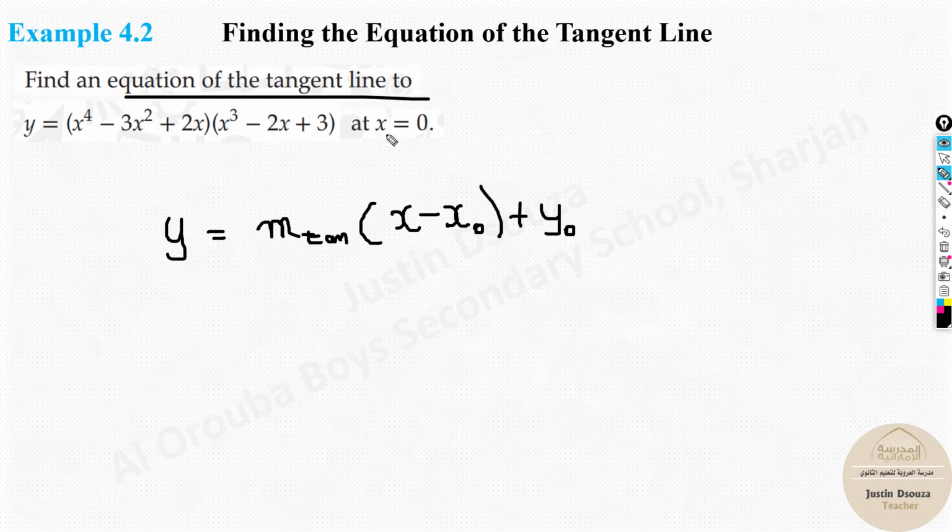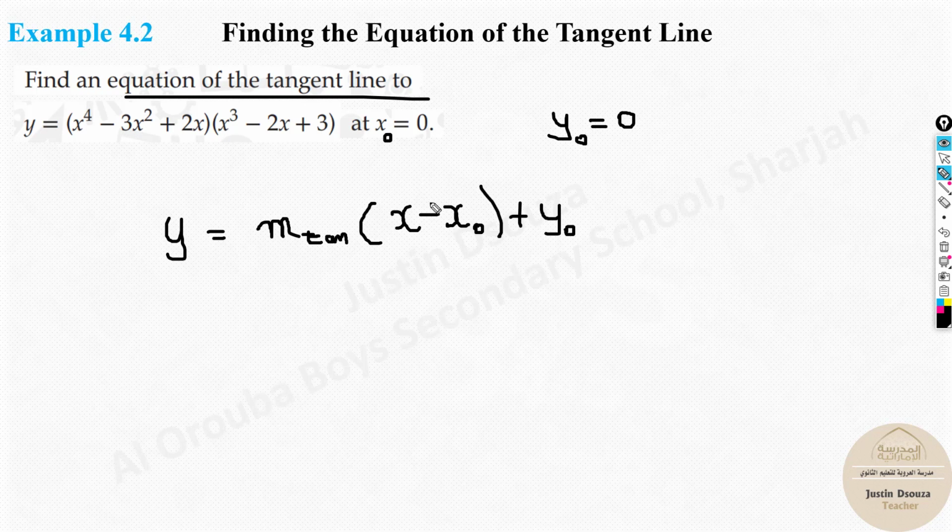Whatever is given to us is considered as x naught, and what is y naught? To find y naught, all you need to do is put this x naught value in this equation. This is 0, right? So when you put 0 over here, the entire term is 0, since 0 multiplied by anything is 0. So y naught equals 0. That's how we do it. Or take out your calculator and put 0 everywhere x is there, 0 to the power 4 and everything. You will get the answer.